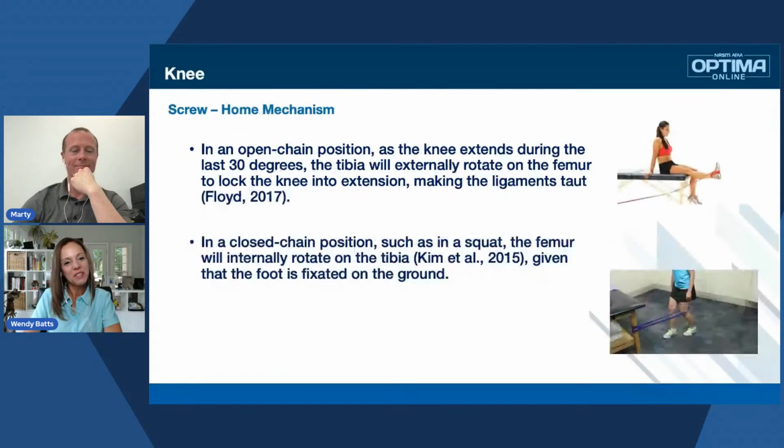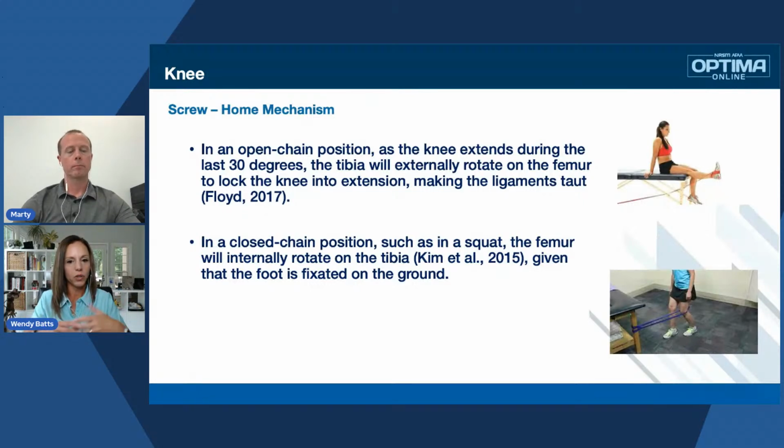Gotta love that muscle. But then you've got this screw home mechanism. As Marty talked about, there are exercises that you can do in an open chain, and all that means is, let's say you're sitting off of a table, as you can see in this picture, and your feet are not fixed to the ground. That is an open chain exercise. This individual is doing banded knee extension.